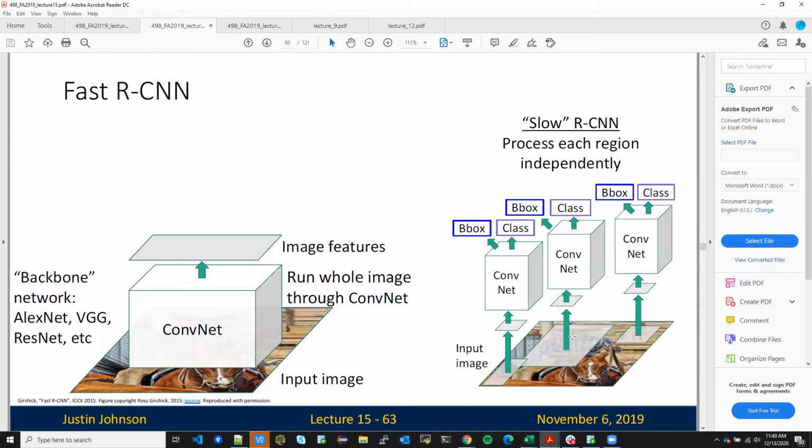Instead of running the region proposal first and then running the convnet, they said let's just run one convnet. This is a convolution network with no fully connected layers, just convolutional layers, and this is typically referred to as a backbone in object detection.